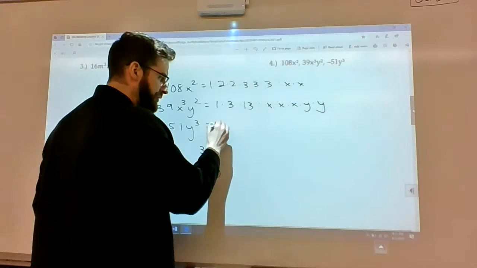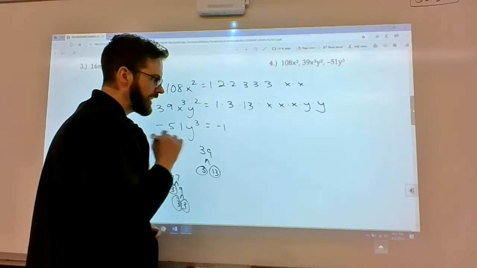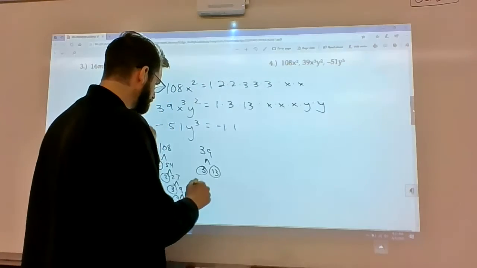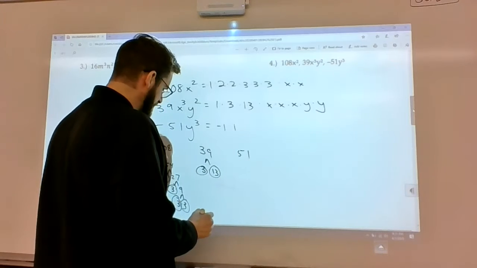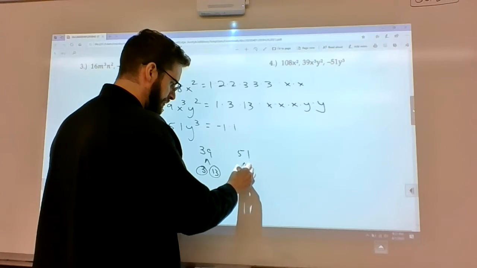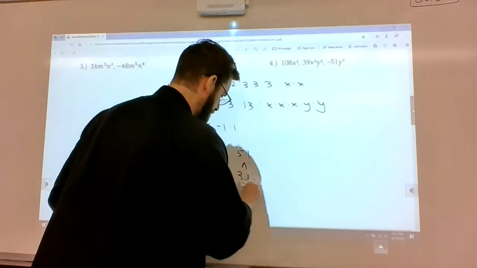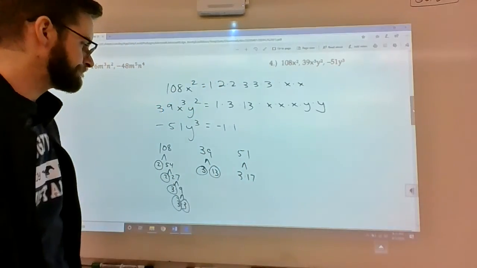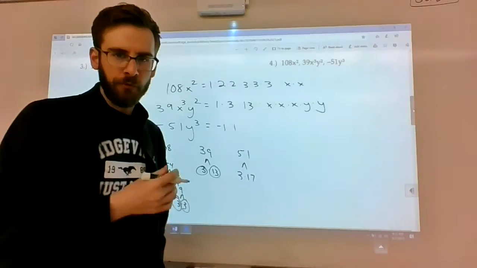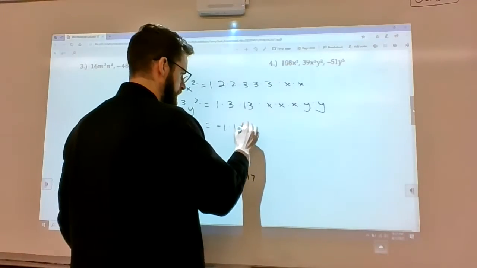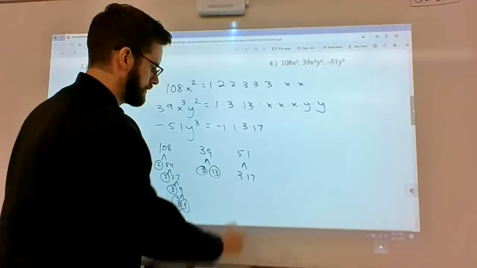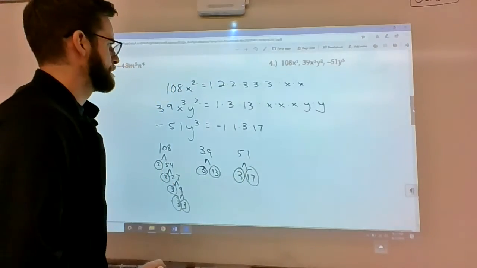Negative 51. I'm just going to put that negative 1 right there, right away in case I forget. 51, that's another one that divides by 3. 3 times 17 is 51. So since 17 is a prime number, we've got our two primes.